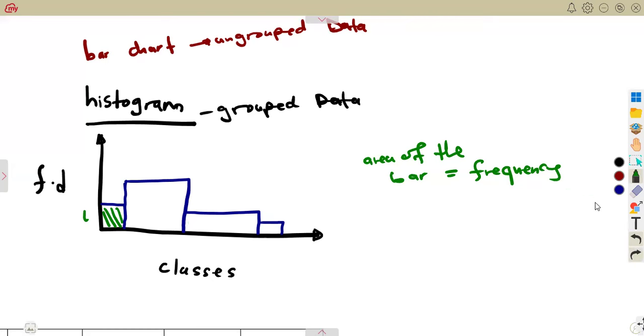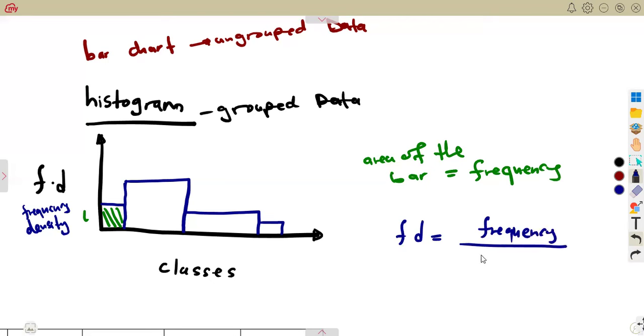So the question is, how are we going to determine or obtain this FD, the frequency density? The frequency density is taken from the formula: the frequency over the class width. So this is the frequency over the class width, the width of the class.